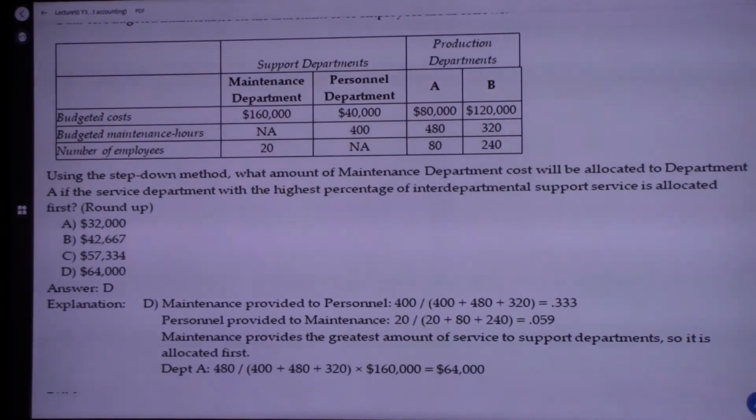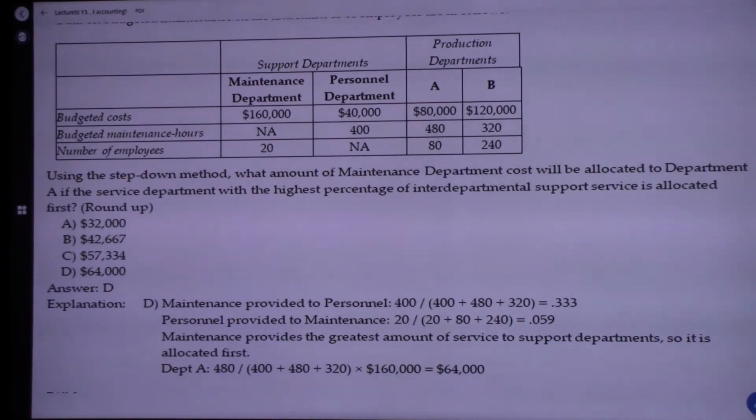Meaning that here, when I talk about budget maintenance hours, for the personnel department I have 400 maintenance hours, I have 480 hours allocated to production department A, and I have 320 hours allocated to production department B. To reach the allocation percentage, I'm going to divide the 400 maintenance hours by the total maintenance hours given, which is 400 plus 480 plus 320.